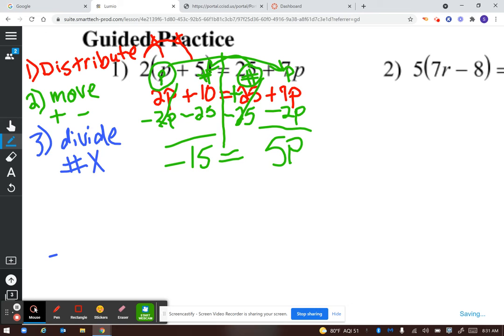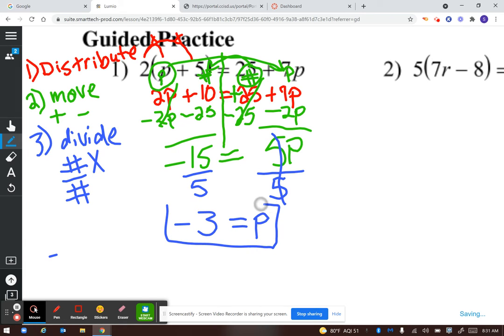I'm going to write this so that you will remember: divide by the number with the variable. The variable means letter. So we will divide by 5 and divide by 5, because 5 divided by 5 is 1p, and you need to know the value of 1p. So 15 divided by 5 is 3, and because 15 is negative, 3 will be negative.